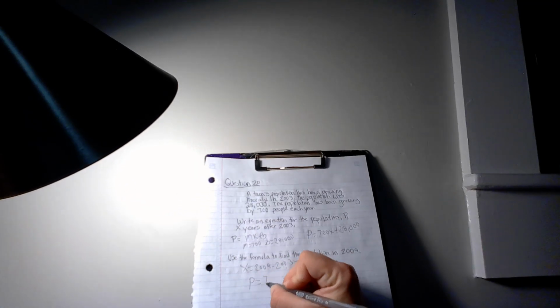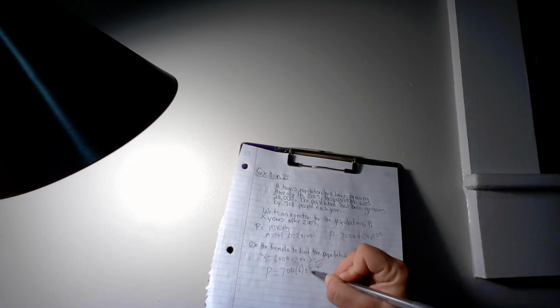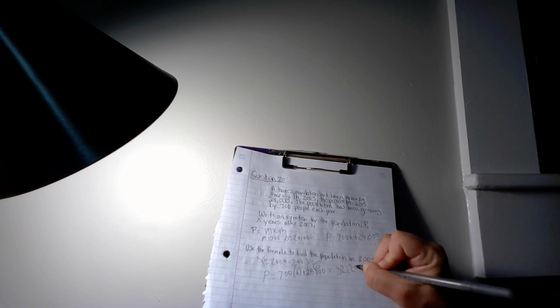P equals 700 times 6 plus 28,000, which equals 32,200. So for this, your P equals 700x plus 28,000, and the population in 2009 would equal 32,200.